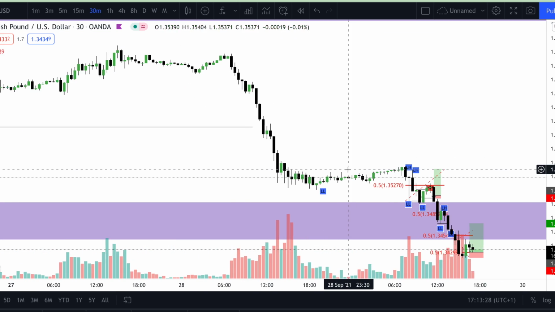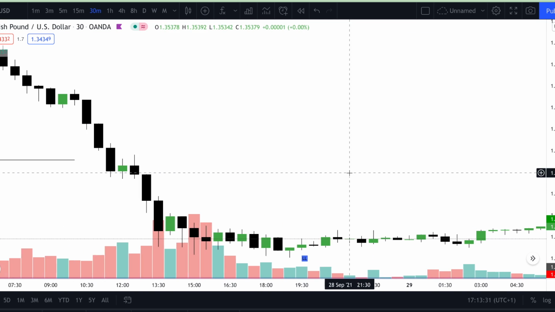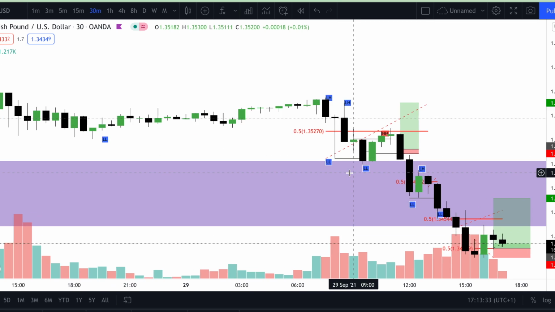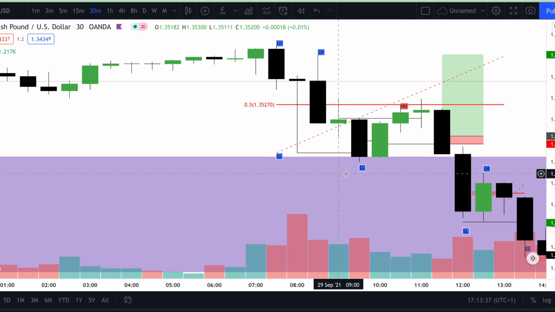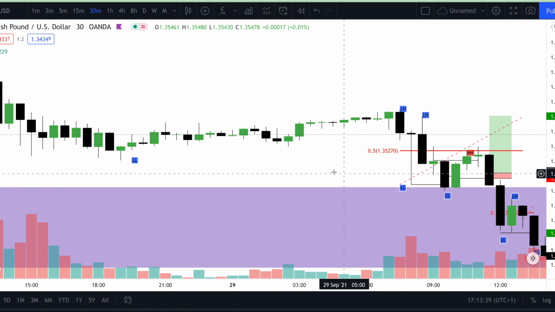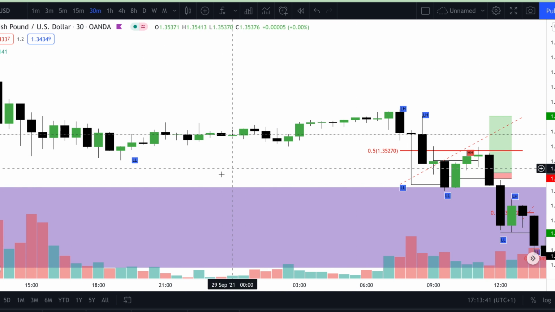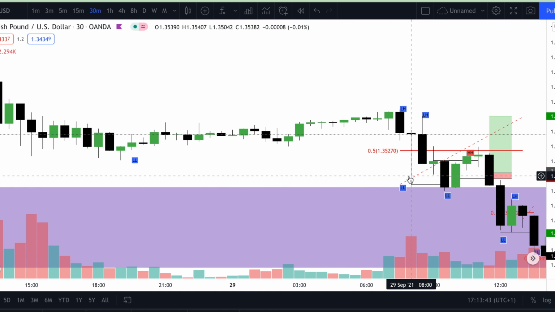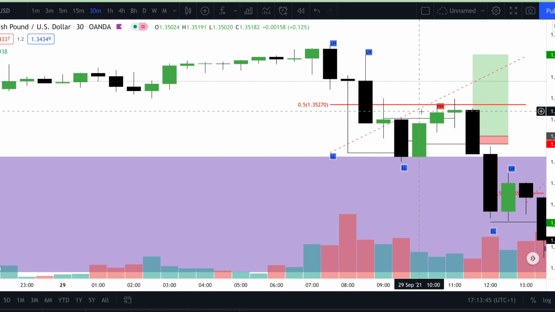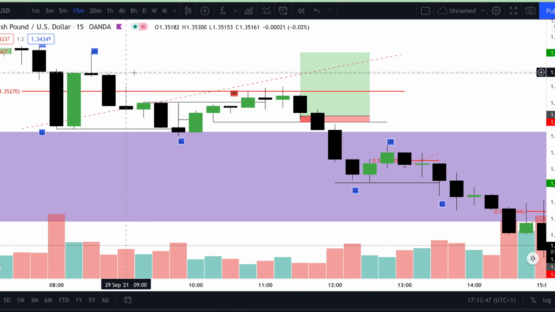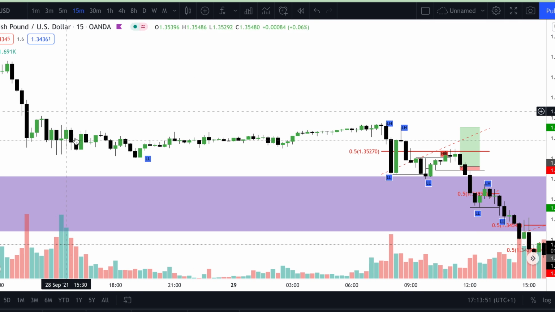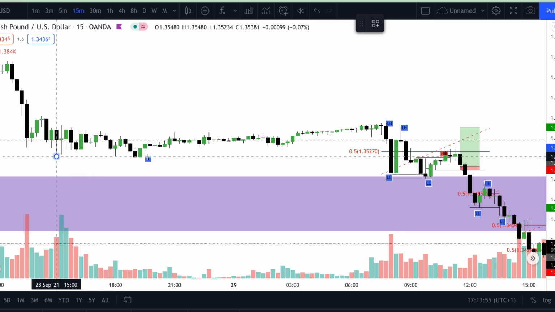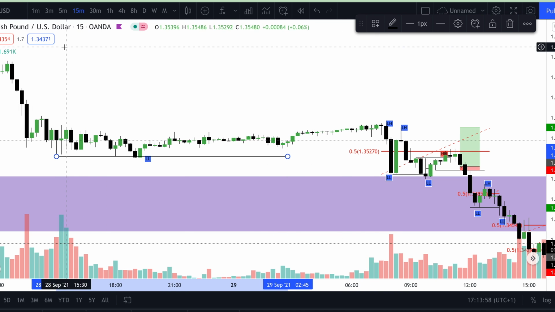Let's look into this GU. Okay. This is a low, high, low, high. Since we're looking, let's look at the 15 minutes. It looks more clear. This is the area of demand. So let's supply.